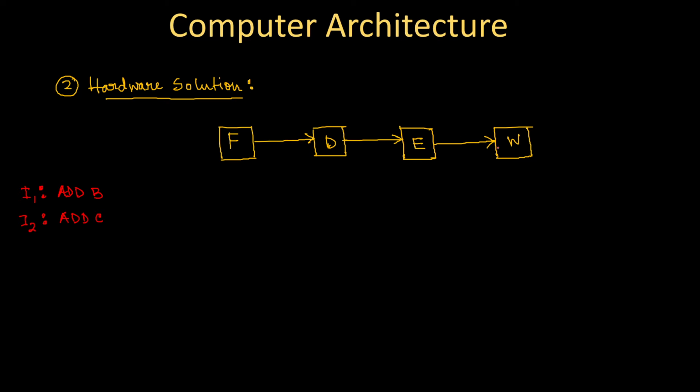Now the problem is that since the next instruction again requires the accumulator content, until this write back completes, you cannot use this one in the input of execution, because before the execution of the next instruction, add C, I must require the new value of the accumulator.